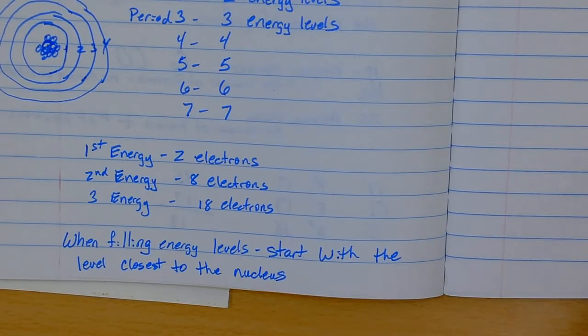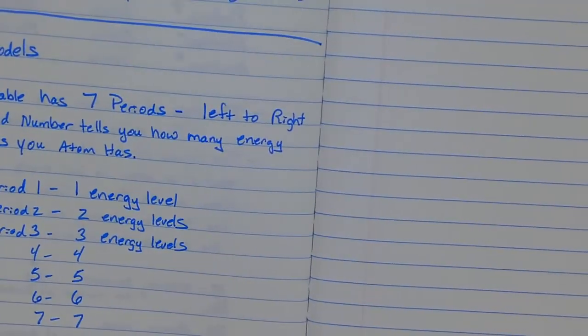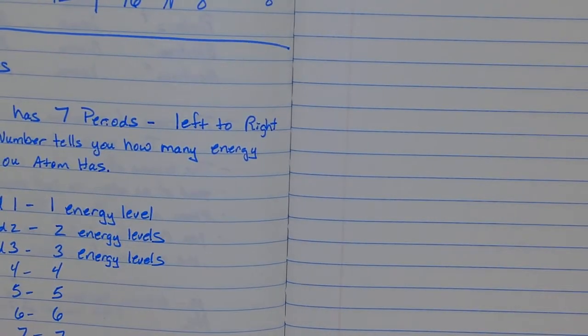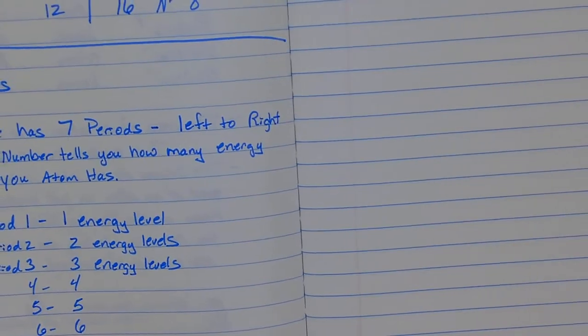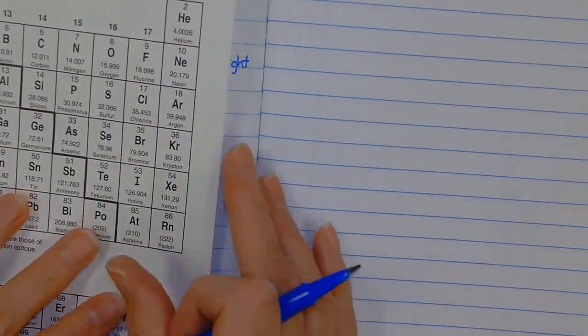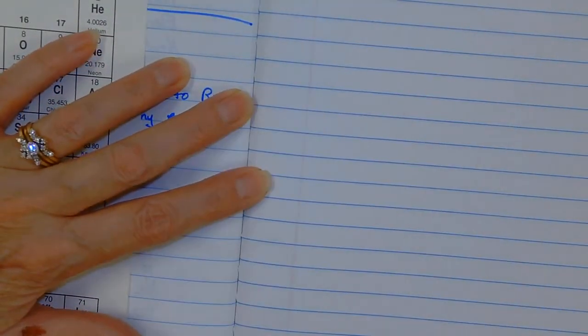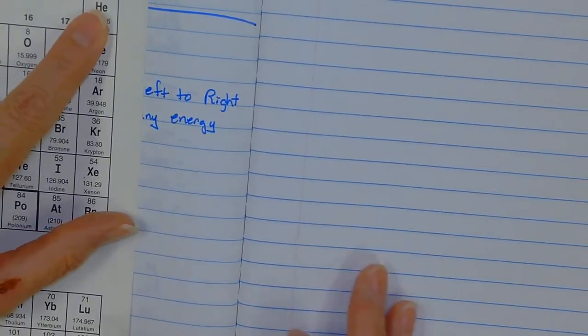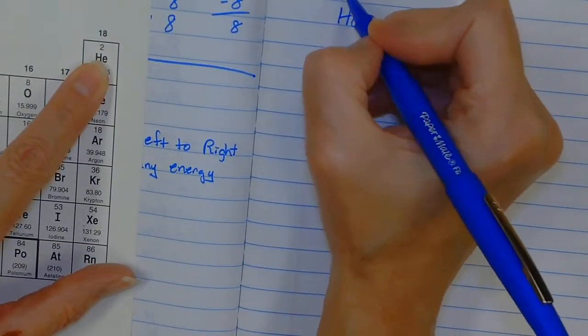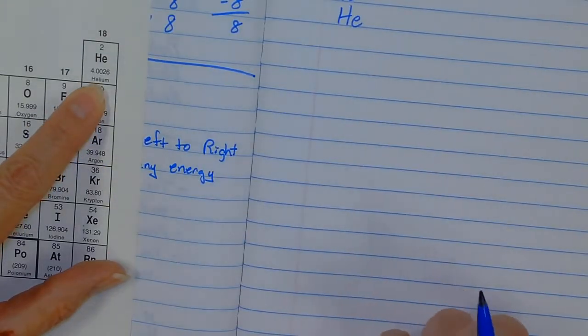So let's try one. Let's pick one. Let's look at helium. Helium has an atomic number of 2, and it has an atomic mass of 4.002.